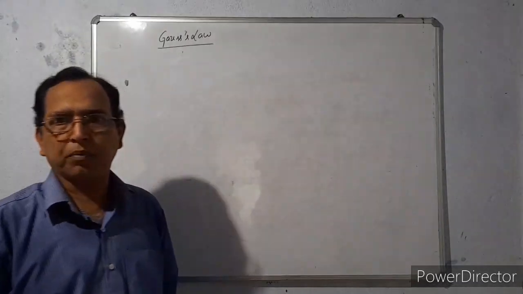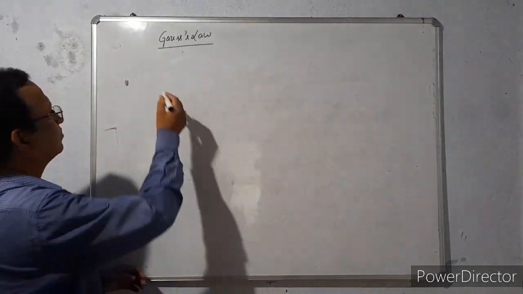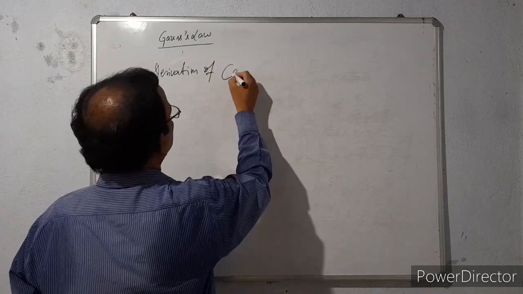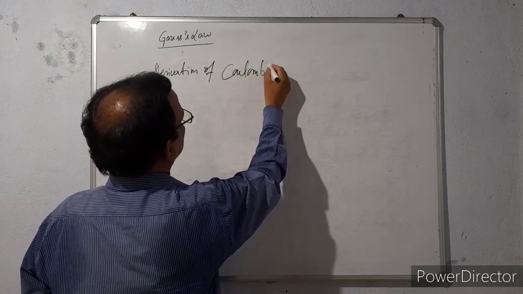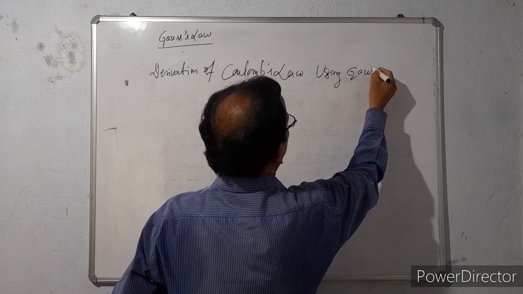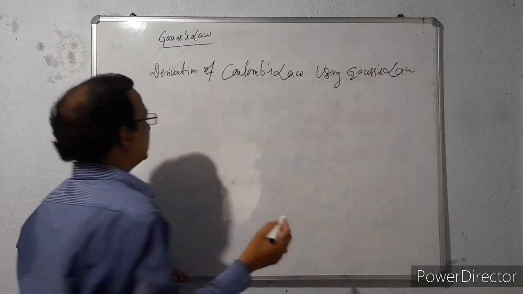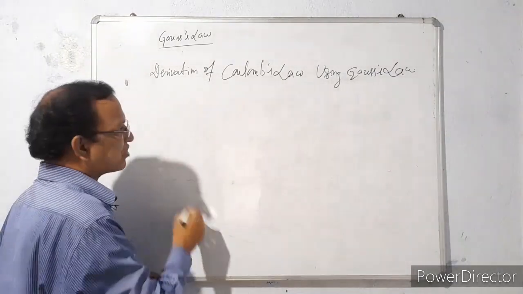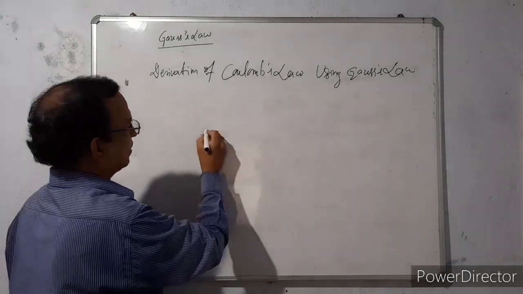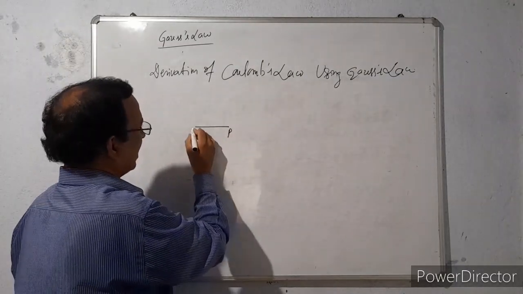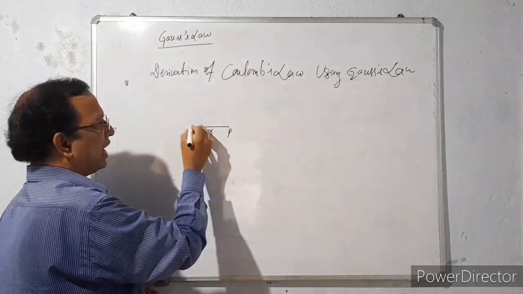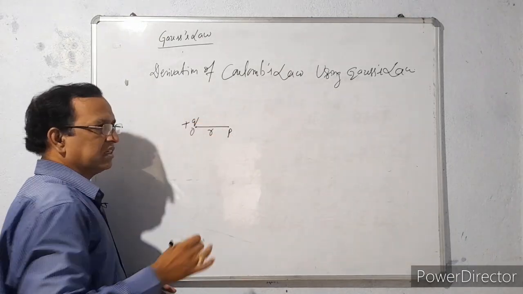Now, derivation of Coulomb's law using Gauss law. Let us consider a point P at a distance r from O, at which a plus Q charge is situated.